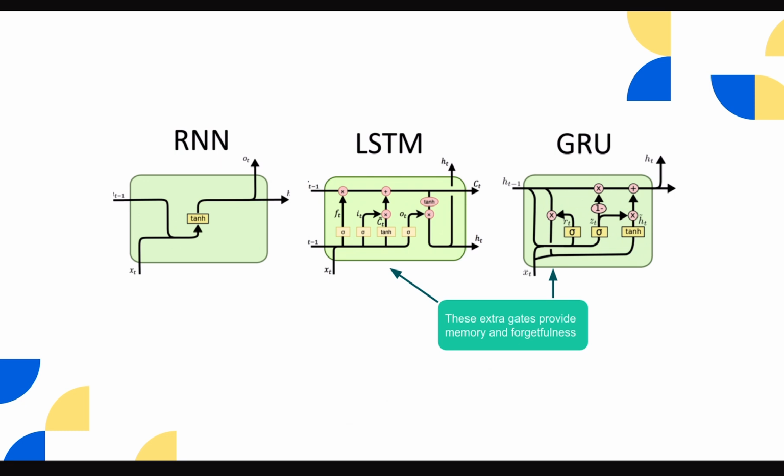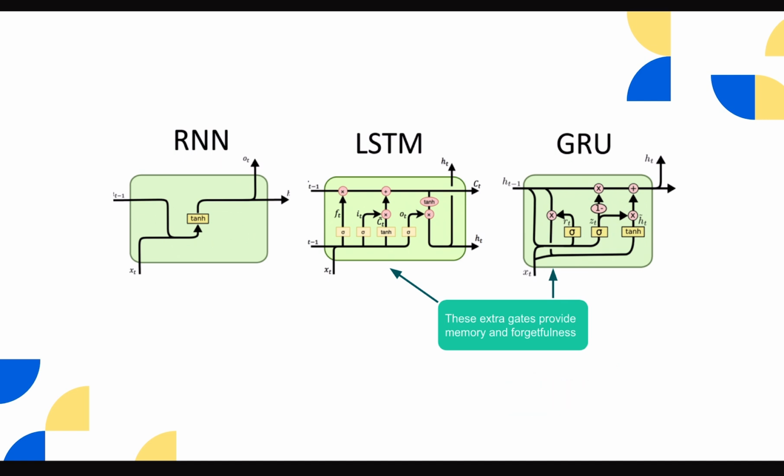LSTM introduced a more complex architecture with this series of gates. These gates control the flow of information, allowing the network to maintain and update its memory more effectively. Unlike RNN, where we do not have any control, so we have to capture each and every piece of information that we pass in as a sequence to the model. The forget gate is a feature that allows the LSTM to decide what information to discard from the cell state.